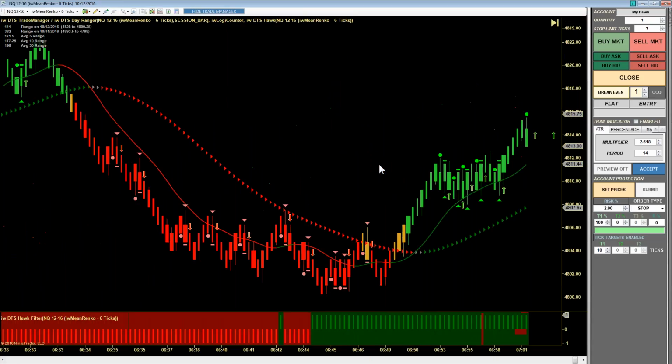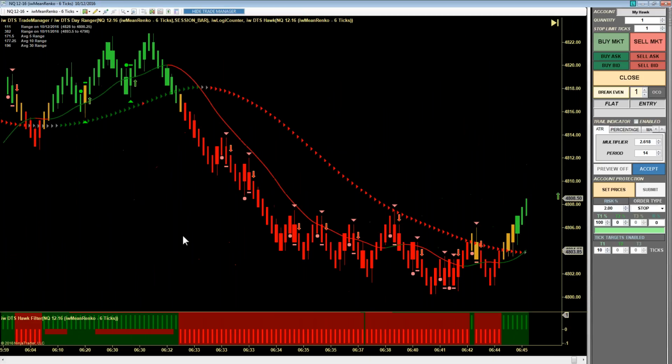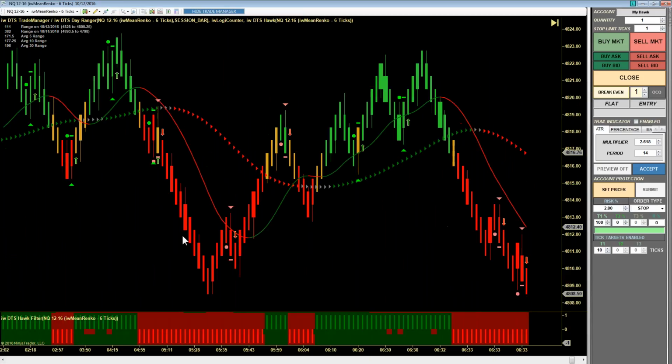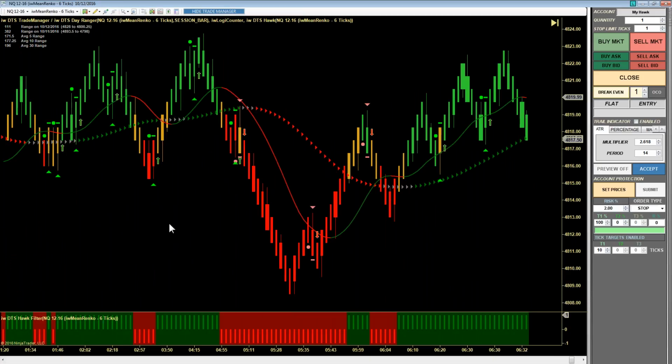But about an hour before the market opens, there does tend to be a fair amount of trading activity as traders jostle for position prior to the market opening up. That can lead to some kind of choppy trading sometimes because the volume is much lighter.